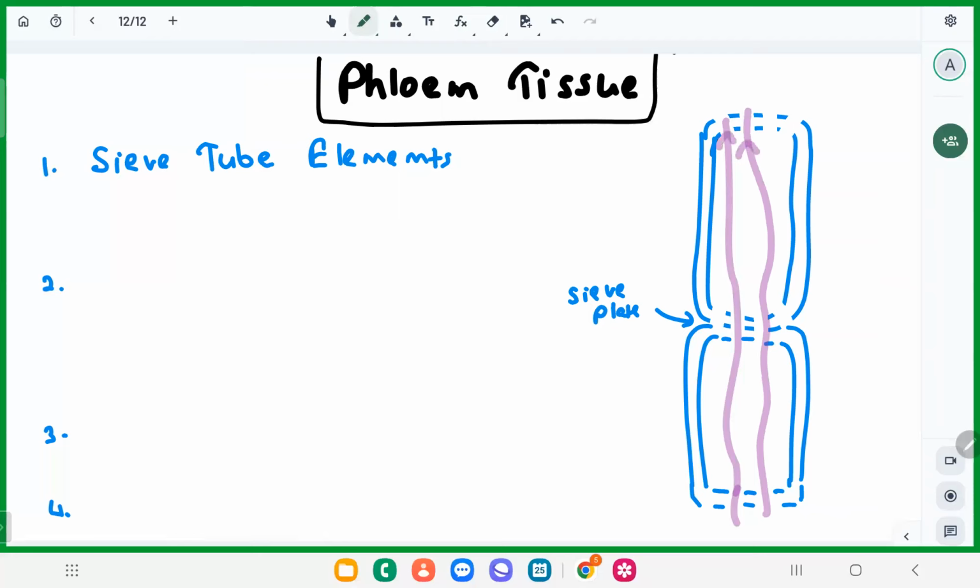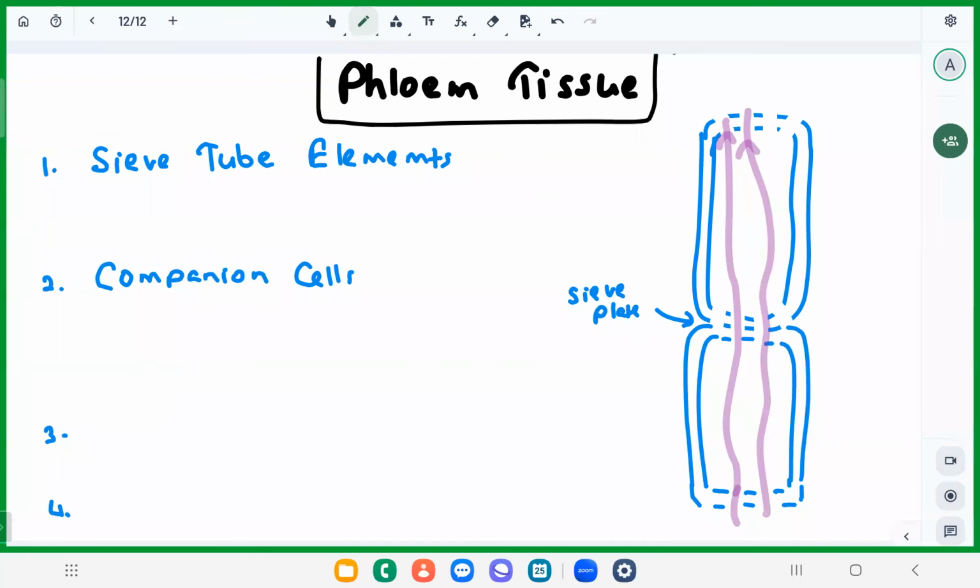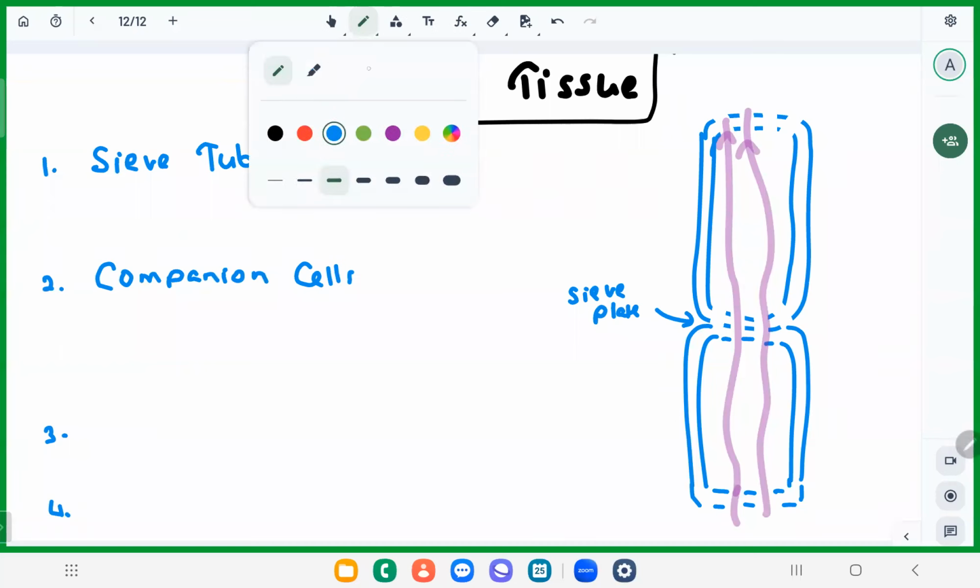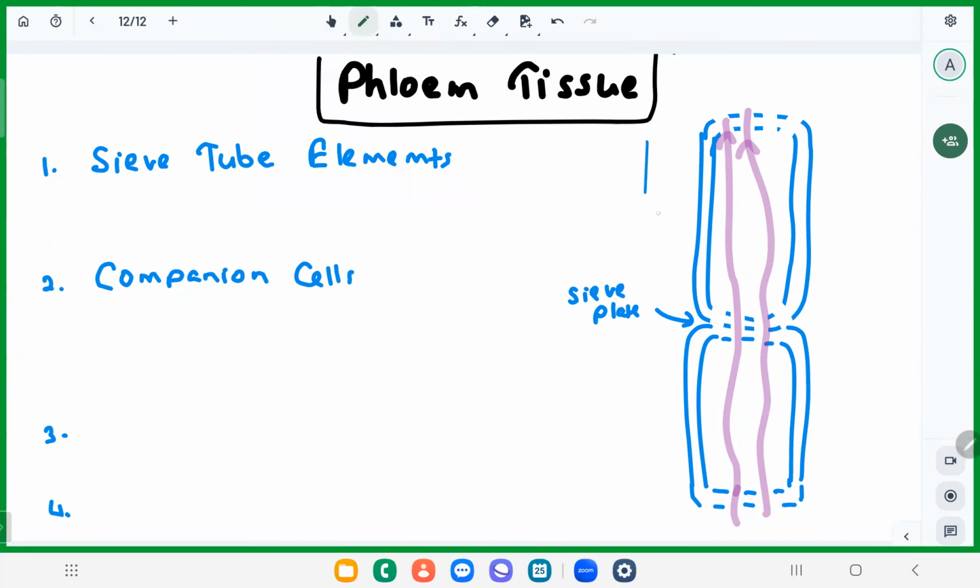And next, there are these other cells called the companion cells. So companion cells are these little cells beside the sieve tube elements. Now, the sieve tube elements do not have a nucleus, right?